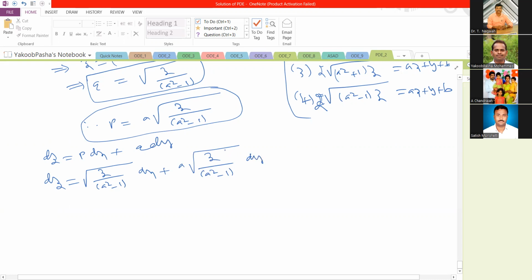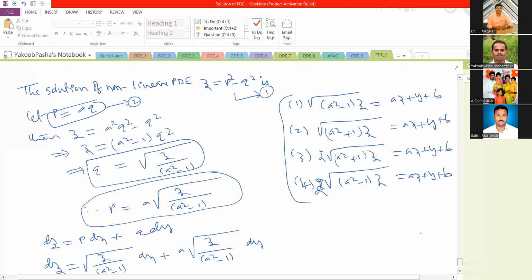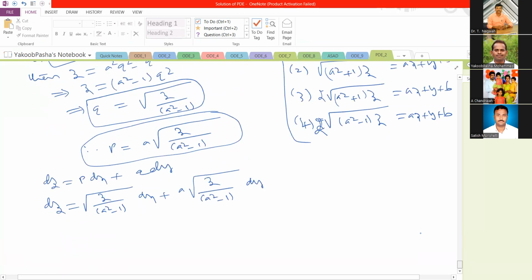So here we can write p value here, Sir. A into should be there for dx. Sir, tell me. P value is a into under root of, Sir, the first one you wrote the q value. Okay. This is a into, this is only under root of z by a square minus 1.